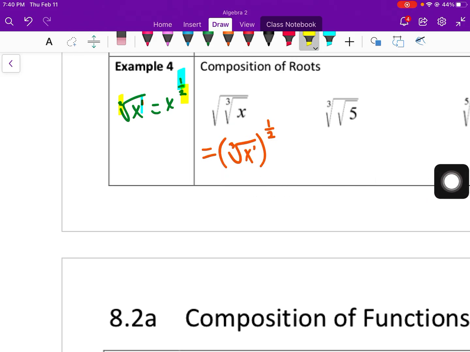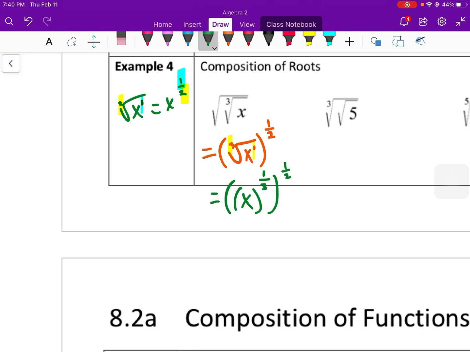Now we can do it to the cubed root. We have that implied exponent of 1, and then the index is 3. So now when we do the inside, what's left is the base. We're going to do the exact same thing where now that exponent goes in the numerator, and then in the denominator goes the index.